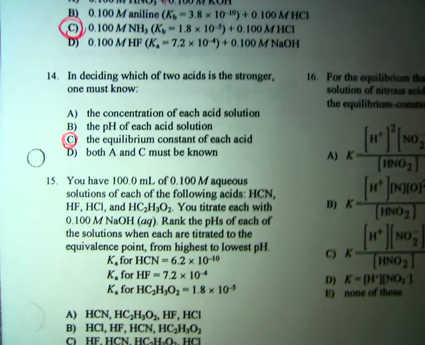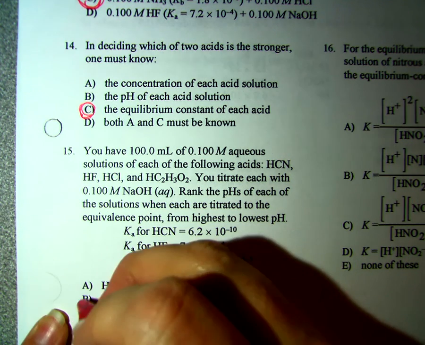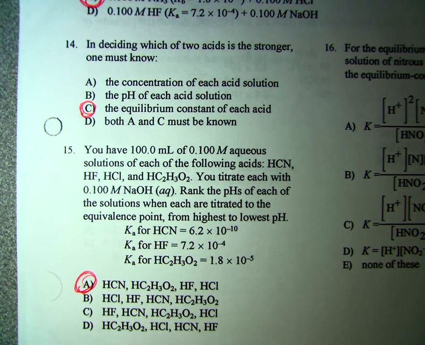15. You have 100 milliliters of each of these acids, and it says rank the pHs of each of the solutions from highest to lowest pH. Again, all you need to look at is those exponents. Which one would have the highest pH? HCN, and the only one that starts with HCN is the first one.